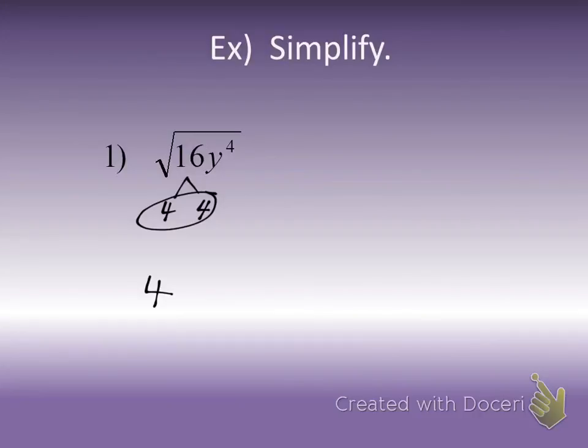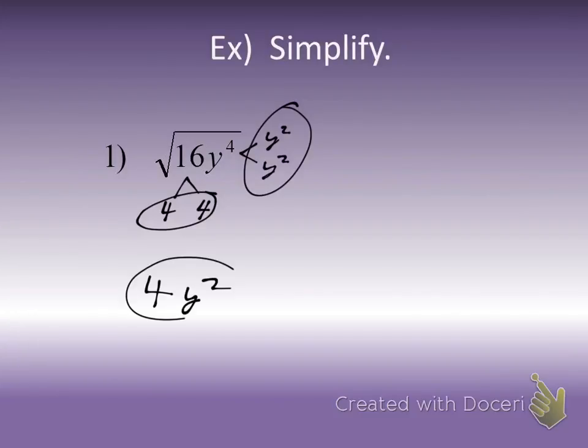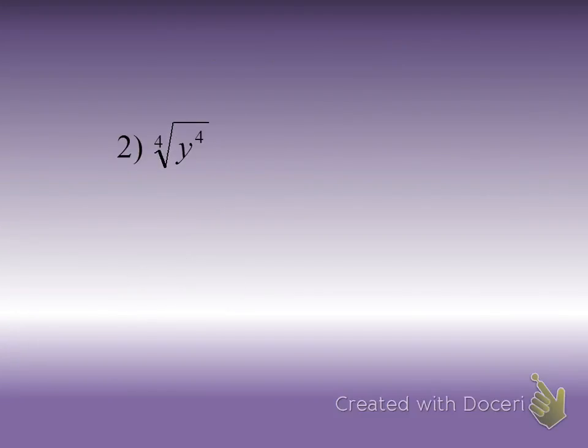Y squared times y squared. Good. Which gives you a pair. Okay, so y to the 4th you can break up as y squared times y squared, and there's your pair. So those y squareds come out of the radical as 1. Answer? 4y squared.